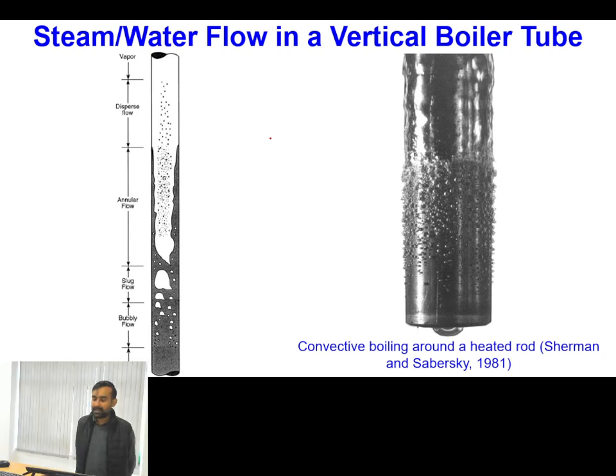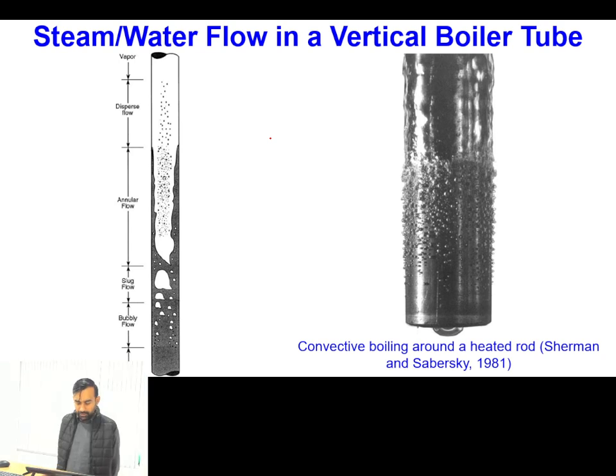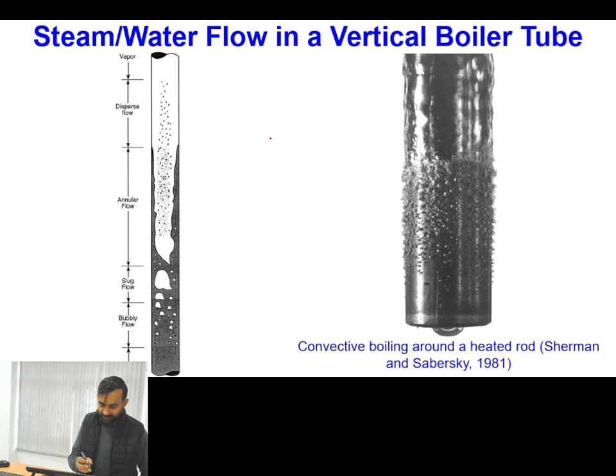So while I start the last module, phase change heat transfer, again we will take it up in detail. Okay, but for your understanding, if I simply consider that I am having steam water flow in a vertical boiler tube, then what happens?